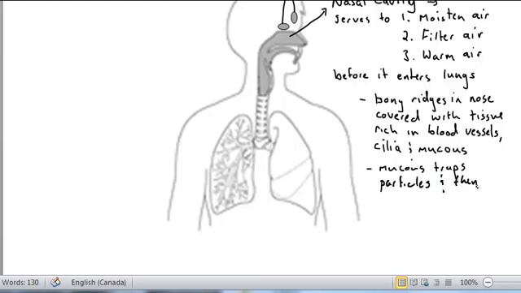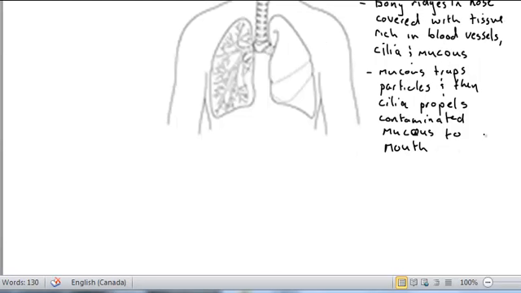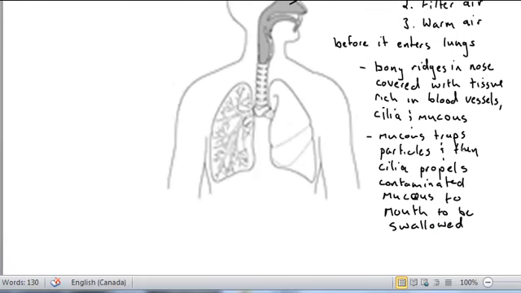And then cilia propel contaminated mucus to the mouth to be swallowed or spat out, neither of which are really charming, but necessary to protect our respiratory system. Okay, so that's your nasal cavity.